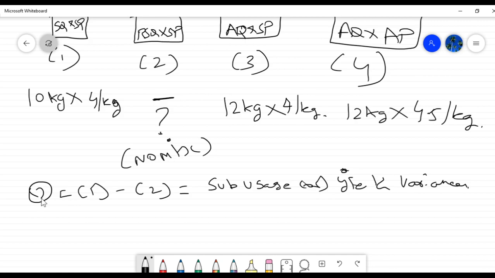Instead of 0 you can write nil. Not possible because there is no mix. And 2 minus 3 is what actually? Mix variance.